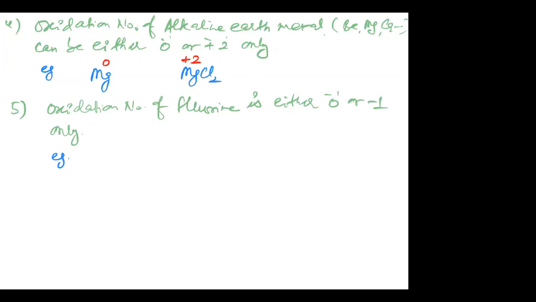So it can be either 0 or -1. For example, it may be written as F2, the elemental form of fluorine, or as sodium fluoride. Oxidation number of fluorine is 0 in F2, and -1 in sodium fluoride.